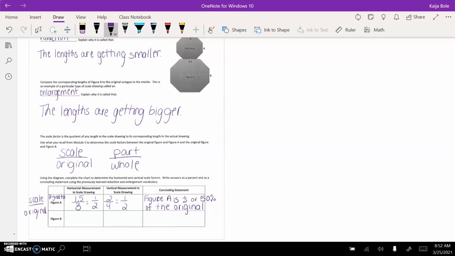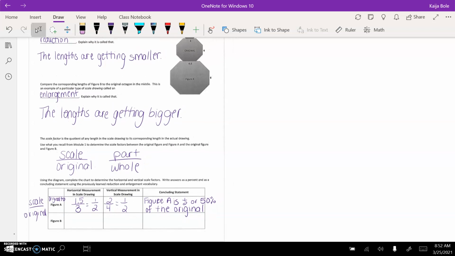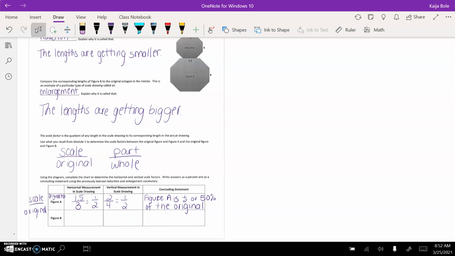Now, when we compare the original to figure B, the horizontal measurement was 4.5 over 3, which would be 1 1/2. The vertical measurement was 6 to 4, which would also be 1 1/2.